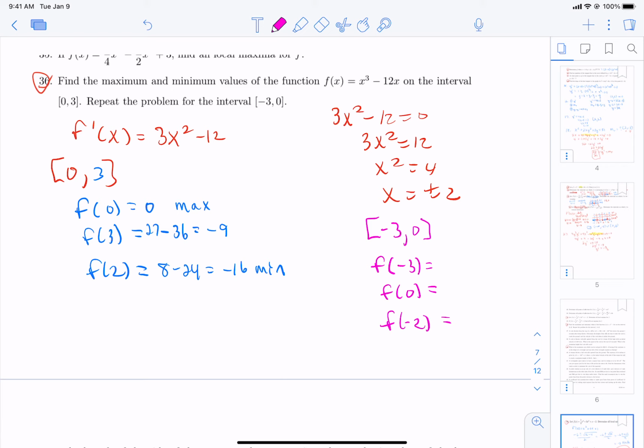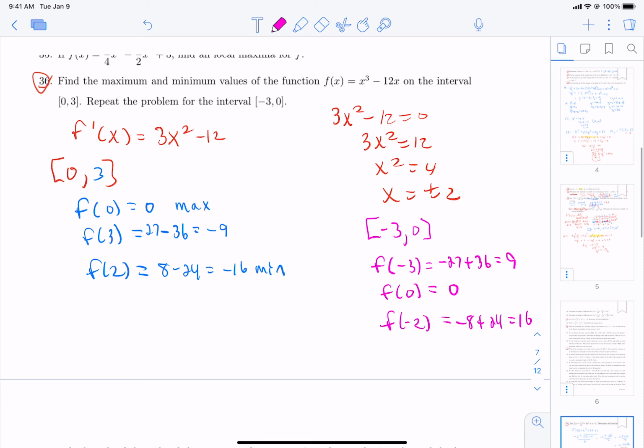If you plug in negative 3, you get negative 27 plus 36, or 9. Plug in 0, you get 0. Plug in negative 2, you get negative 8 plus 24, which is 16. This time our max is 16 and our minimum is 0. So it could switch around depending on the interval.